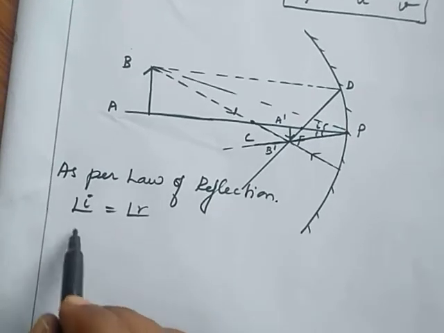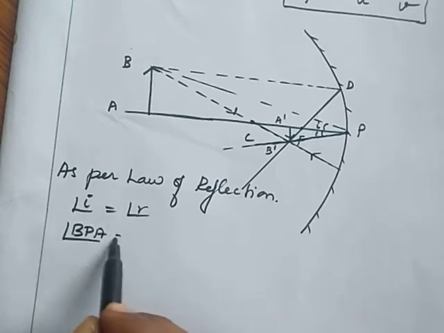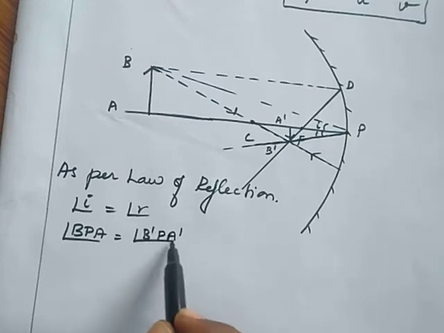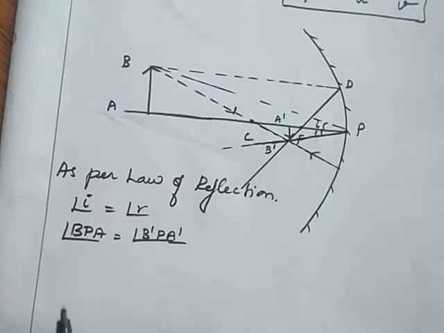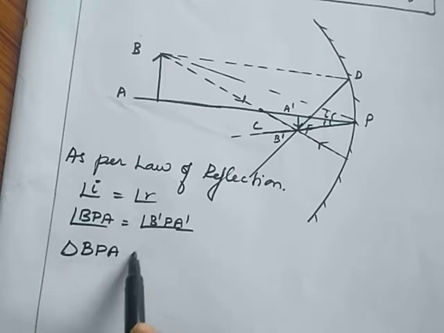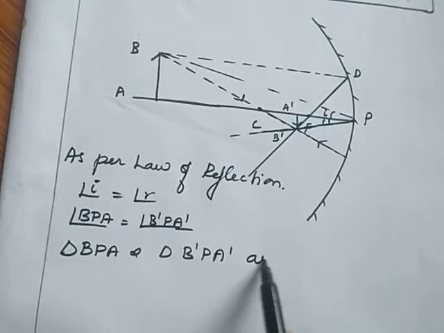So we can write angle BPA is equal to angle B dash P A dash. This is i, this is also i. Then the triangle BPA and the triangle B dash P A dash are similar triangles.